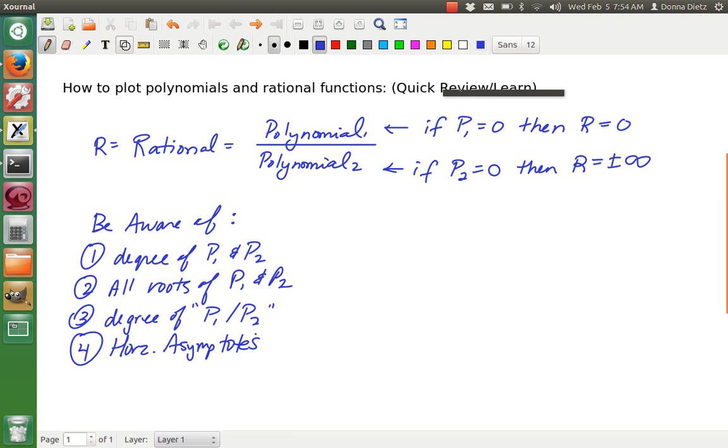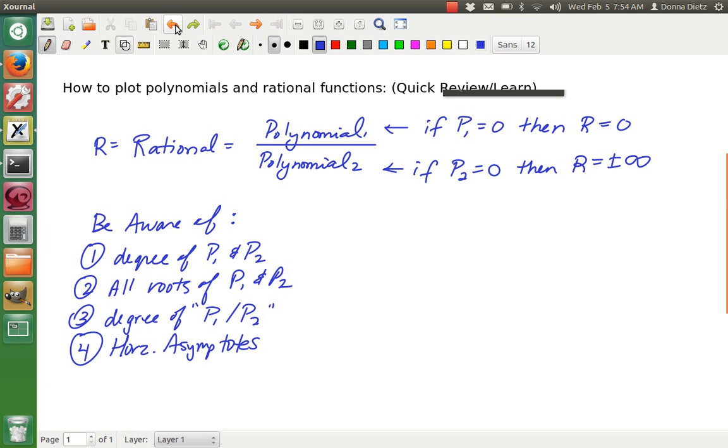And there's so many things that can happen. Sometimes polynomial 2 doesn't even have any zeros, and then you get freaky humps instead of asymptotes. Yeah, so let's look at some of these options. What could possibly happen?